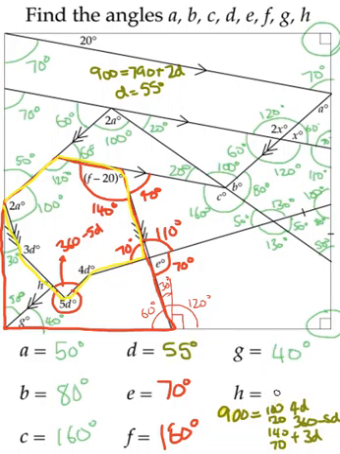Now, the final thing to work out is H. How is that going to be found? Well, this is a quadrilateral, four-sided shape. And we know this one, we know this one. We can work out this one, actually, because it's going to be 360 minus 3D. And D is 55, right? So 360 minus 3 lots of 55 is 195.